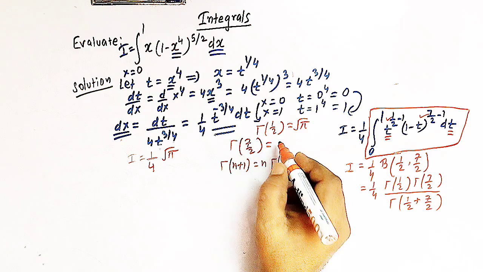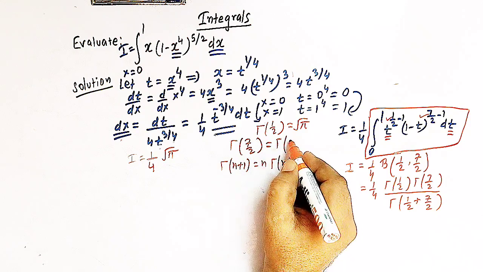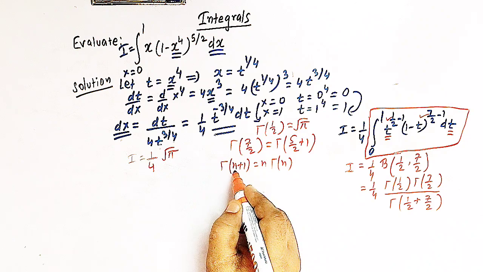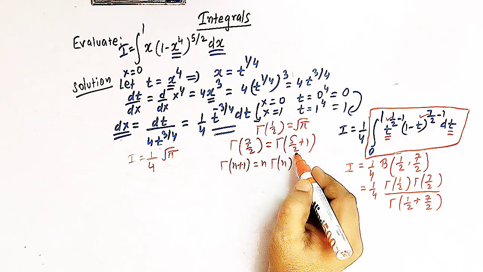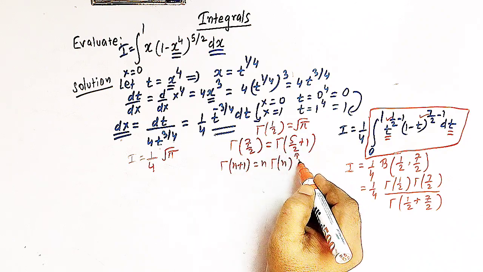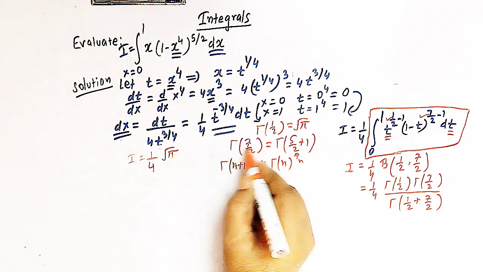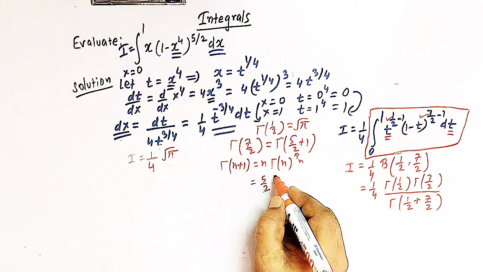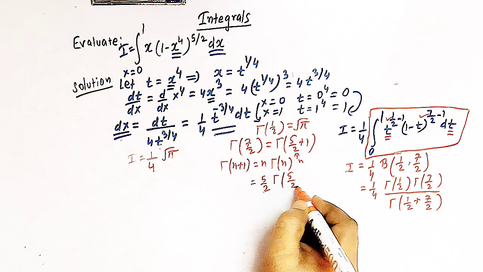So gamma of 7 by 2 can be written as gamma of 5 by 2 plus 1. So now we have gamma of 5 by 2 plus 1, so this is our n. So we have gamma of 7 by 2 as 5 by 2 times gamma of 5 by 2.